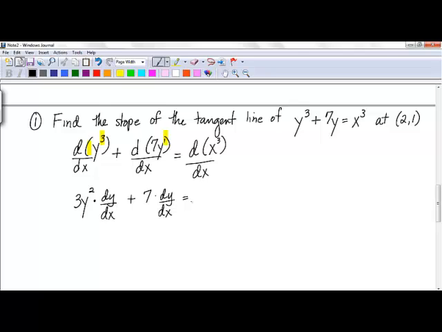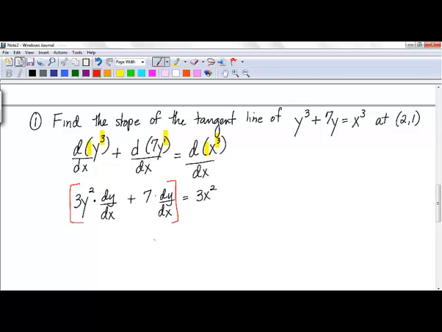Okay. And now, when you take the derivative of an x term, it's just like usual. So you take this exponent times the number in front. So it's just going to be 3x, depress that exponent by 1, 3x squared. Okay. Now, we actually have all the terms that have dy over dx. They're all on one side. Okay.